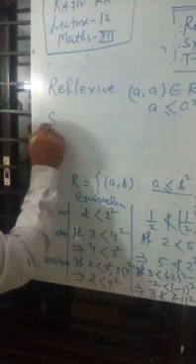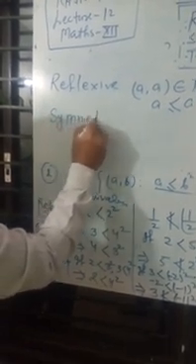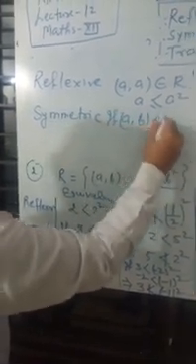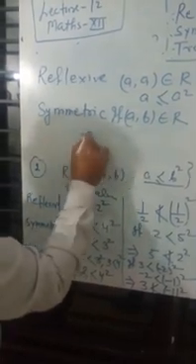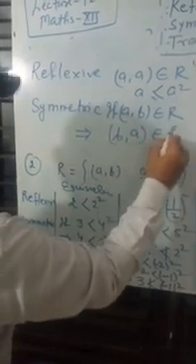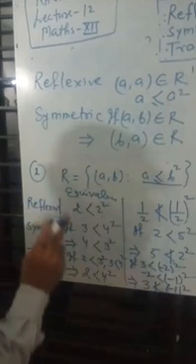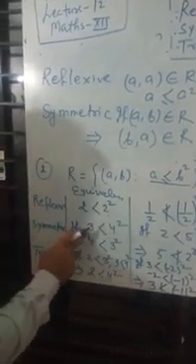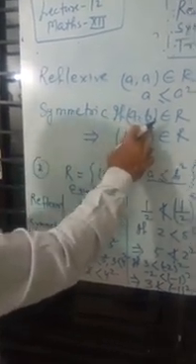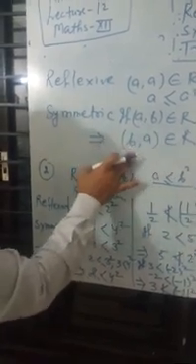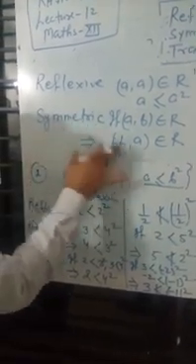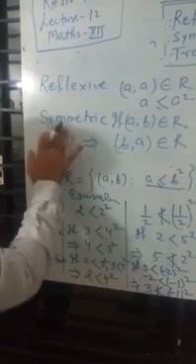In the second case, symmetric. In the symmetric case, if (a, b) belongs to R, it implies the inverse of this ordered pair, (b, a), also belongs to R. That means if you take 2 elements in your ordered pair, 3 and 4, the first must follow the rule of the relation, and if the second ordered pair also follows, that will be symmetric, meaning the inverse follows the rule of the relation.